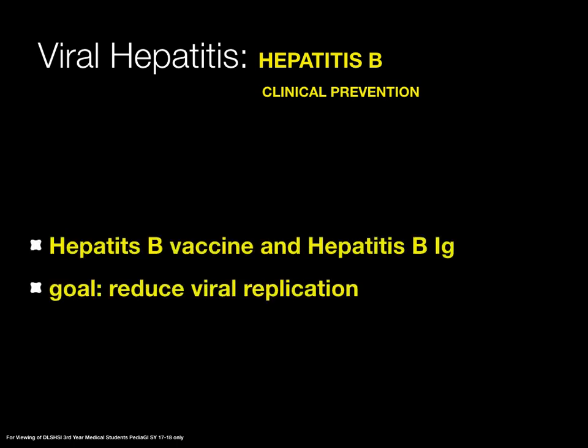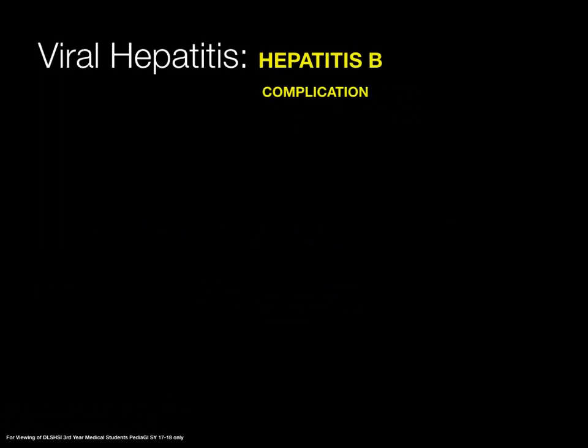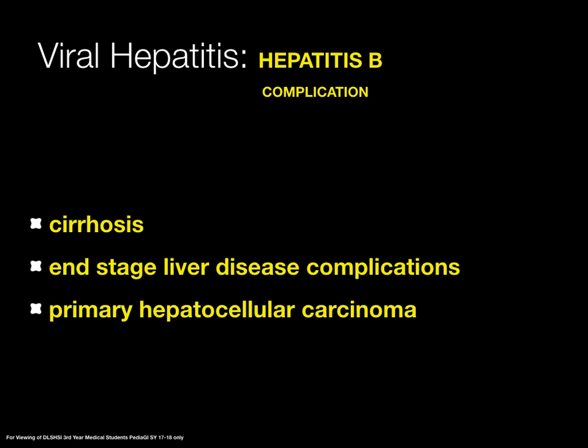Prevention can be done by giving vaccines and hepatitis B immunoglobulin if there is a maternal infection. The goal is to reduce viral replication as well. Complications are cirrhosis, end-stage liver disease complications, and primary hepatocellular carcinoma.